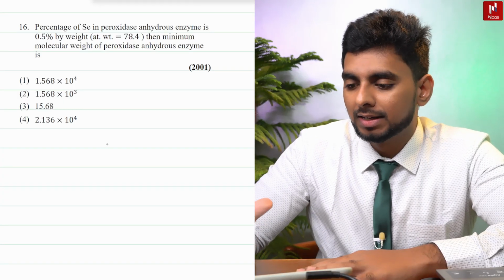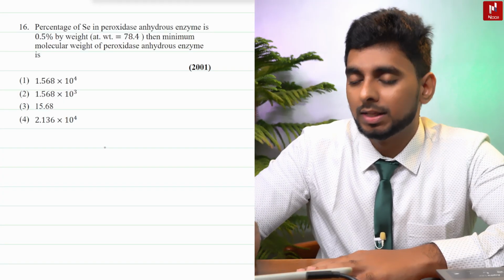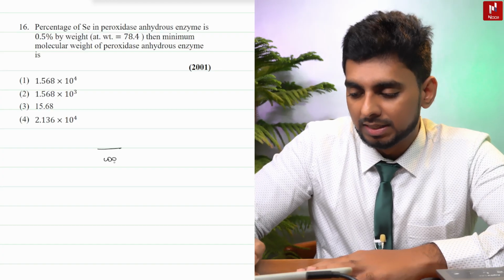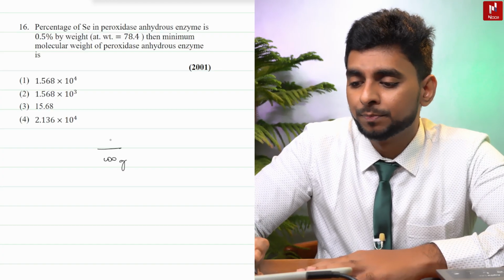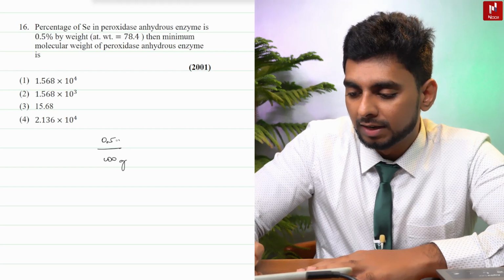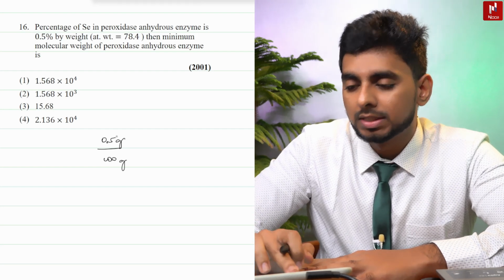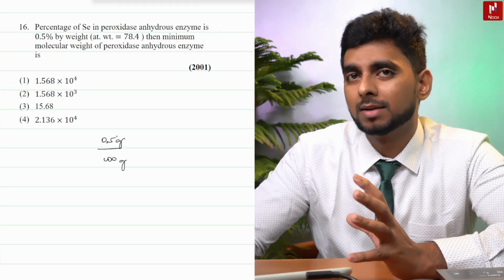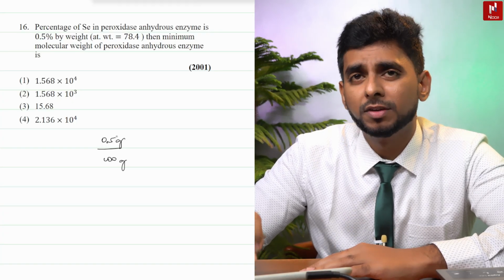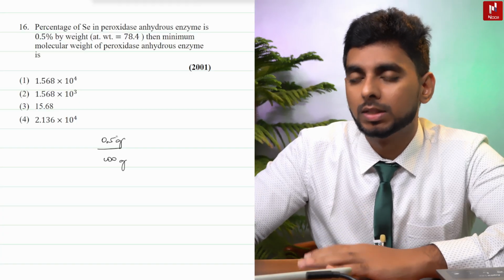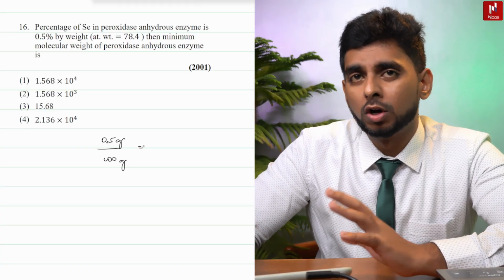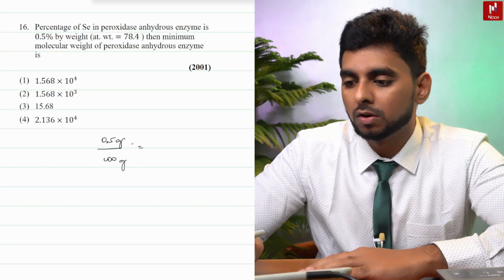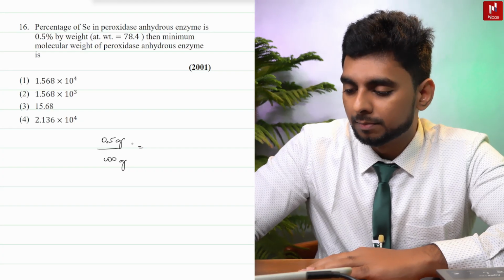If I take 100 gram of this enzyme, in that 100 gram of enzyme, you will have 0.5 gram of selenium. Fine, logic should be clear. So out of 100 grams that I've taken, 0.5 gram will be for the selenium. I'll have to match it directly with the molar mass of the selenium, which should obviously be 78.4 gram. Got it?